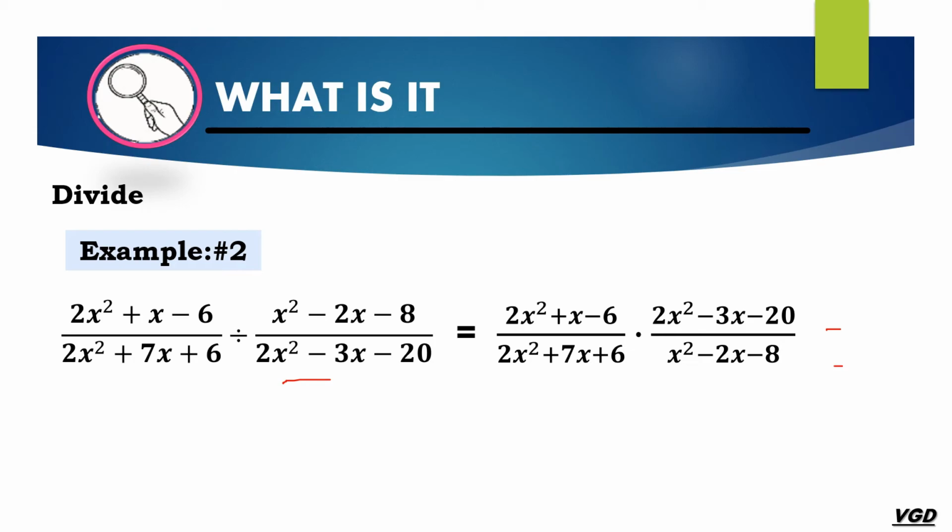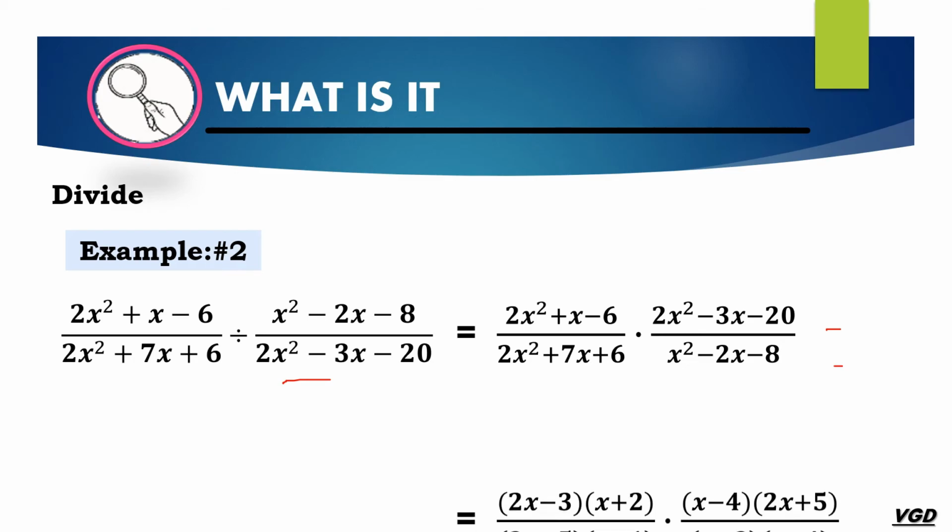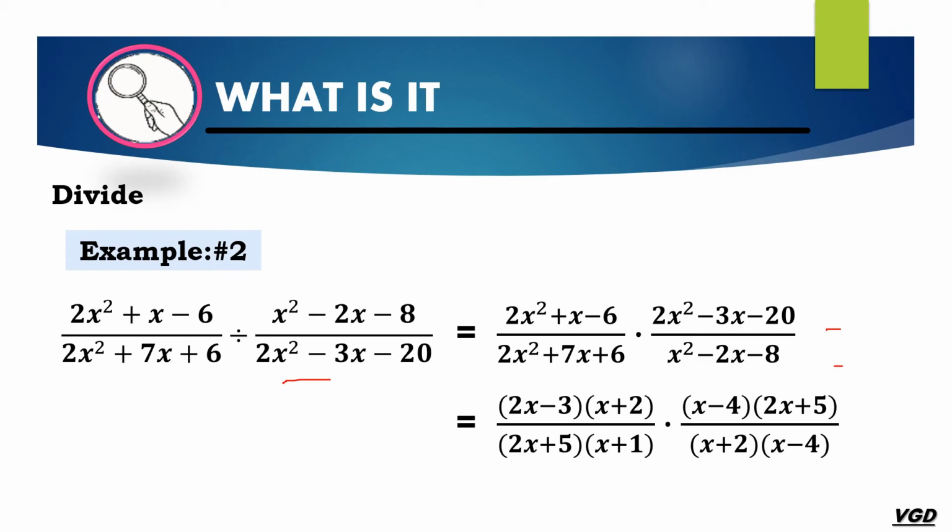As you can see, all polynomials in each expression are quadratic trinomials. So remember the steps in factoring quadratic trinomials. For 2x squared plus x minus 6, we have the factors the quantity of 2x minus 3 times the quantity of x plus 2. For 2x squared plus 7x plus 6, we have the quantity of 2x plus 5 times the quantity of x plus 1.